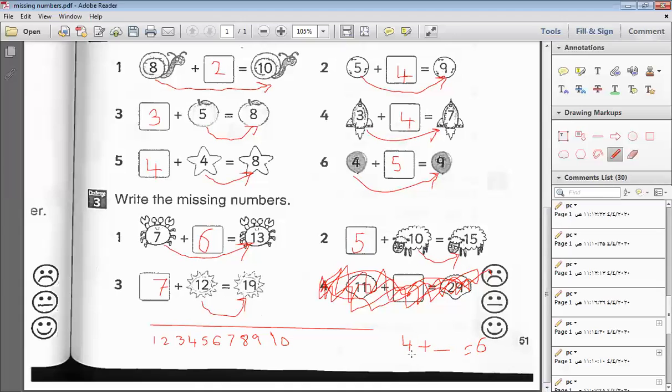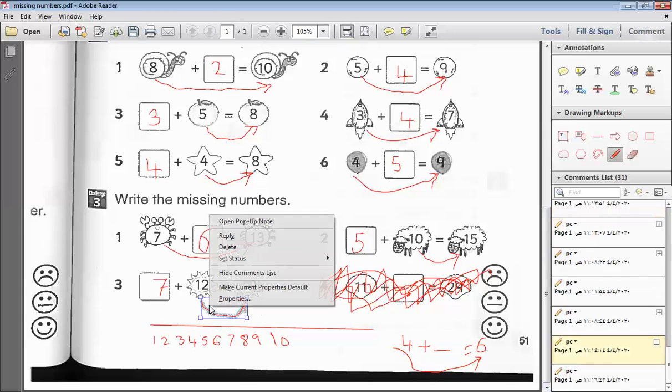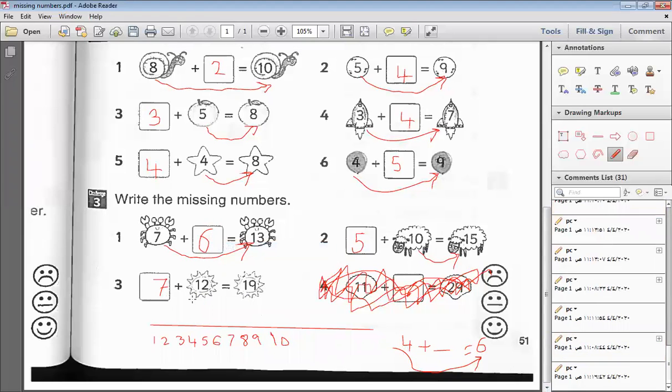Okay, this is a missing number, right? So I will start counting from the smaller number to the bigger number. I will count from the 4 till the 6, okay, by jumping.